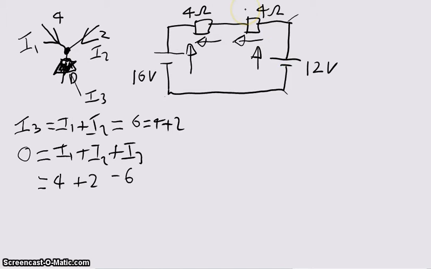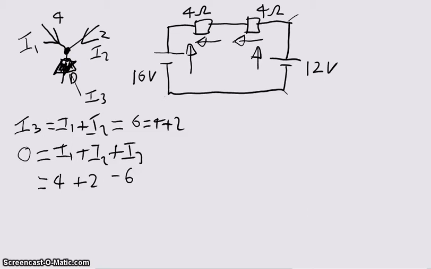So in this case, we're going to say the voltage around that loop equals 0. Now we could actually work out what the voltages across the two resistances are, because we have the 16 volts here, which is pushing in a clockwise direction, and we've got the 12 volts here, which is pushing in an anti-clockwise direction. So the total voltage applied to the circuit is 16 minus 12. Minus because one's pushing clockwise, one's pushing anti-clockwise.